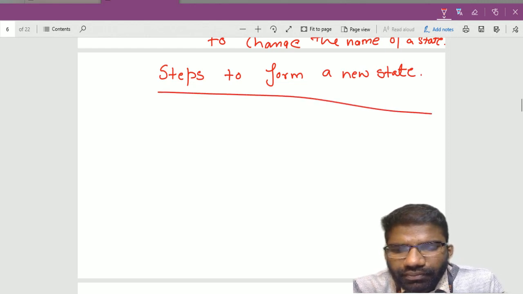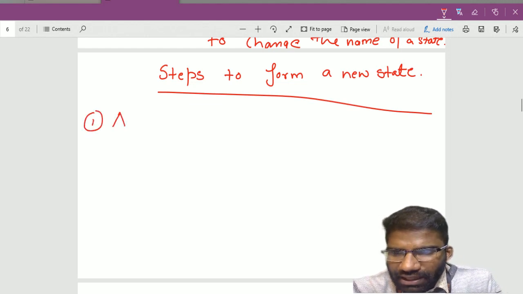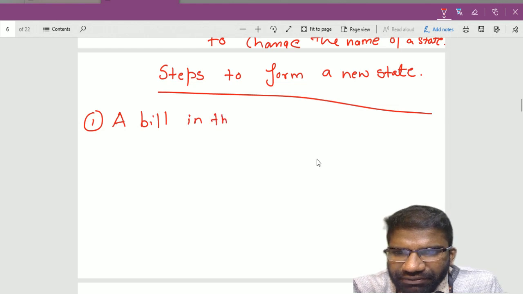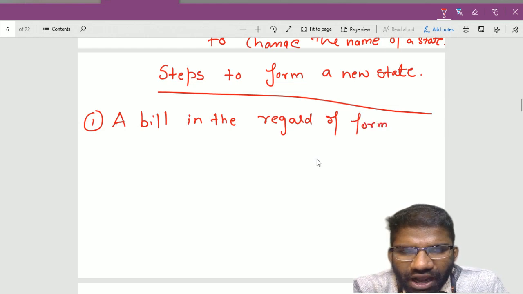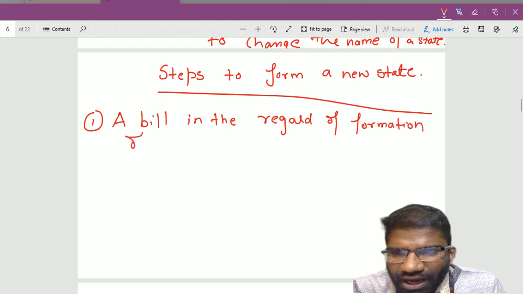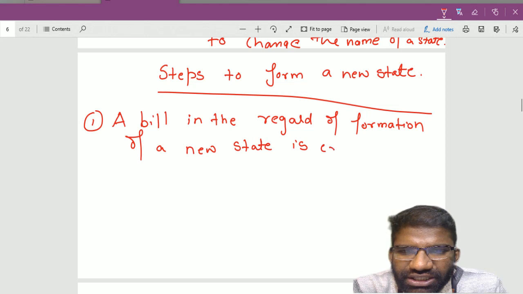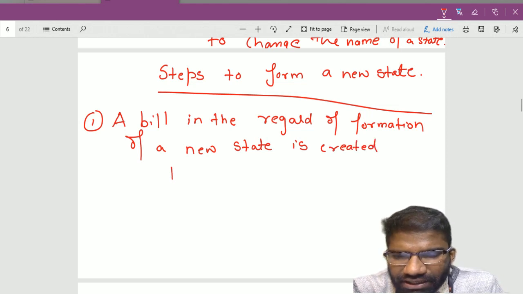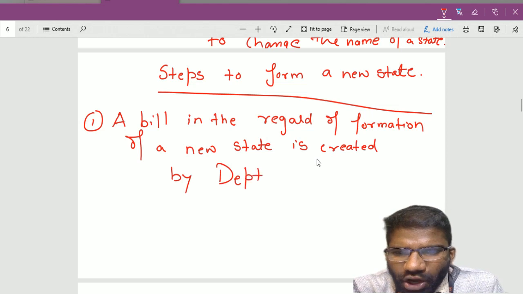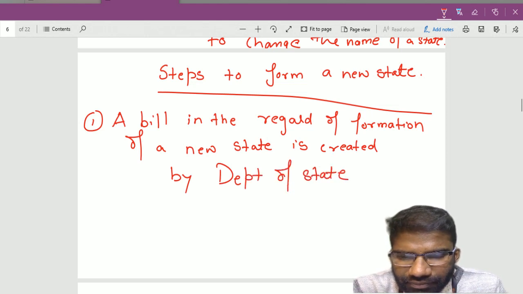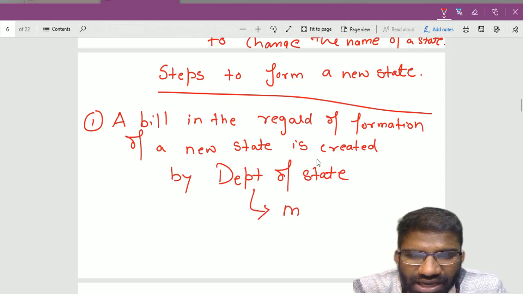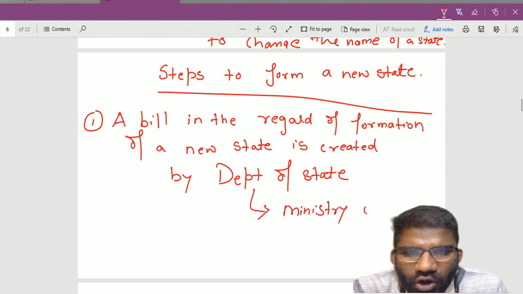Step number 1: a bill, a draft bill, a rough bill in regard to the formation of a new state is created by the Department of State, and this Department of State comes under the Ministry of Home Affairs.